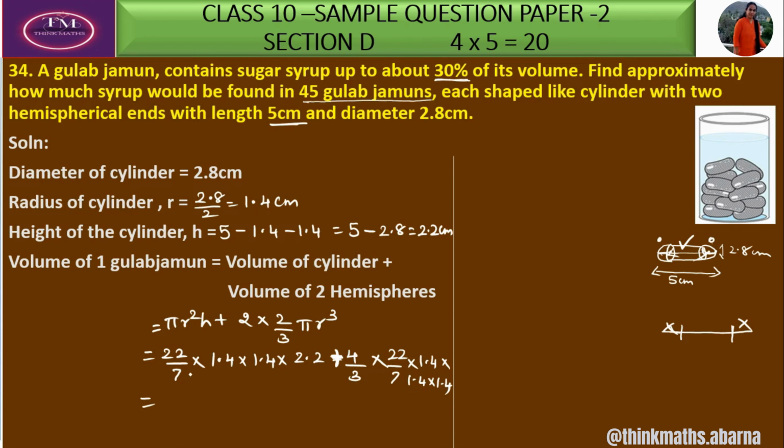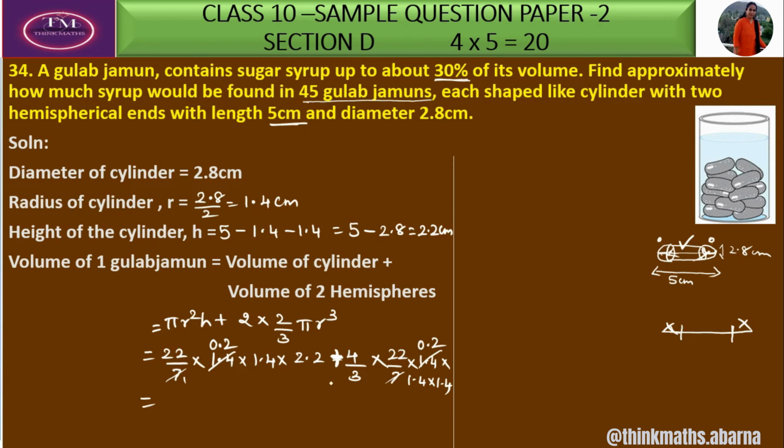Now for the simple calculation, we can cancel: 1 sevens are 7 and 2 sevens are 14, but here we have a decimal, so it is 0.2. In the same way here we can cancel, 1 sevens are 7 and 1.4 is 0.2 into 7.